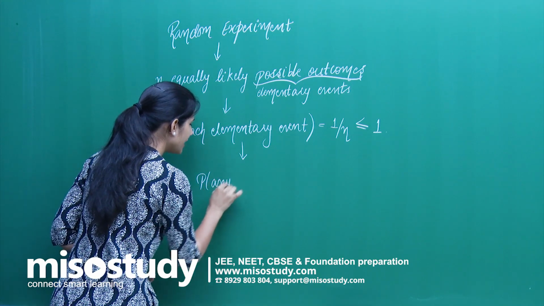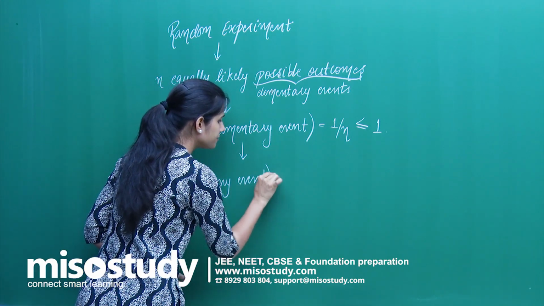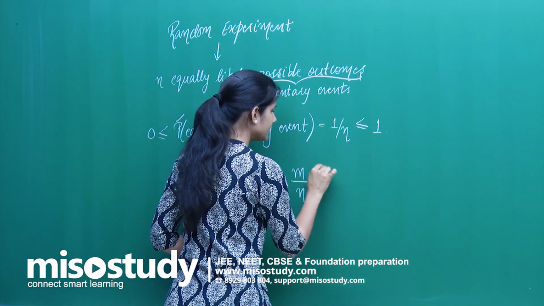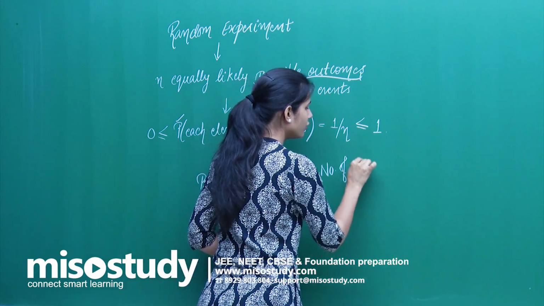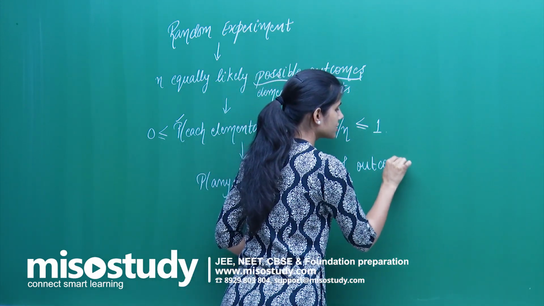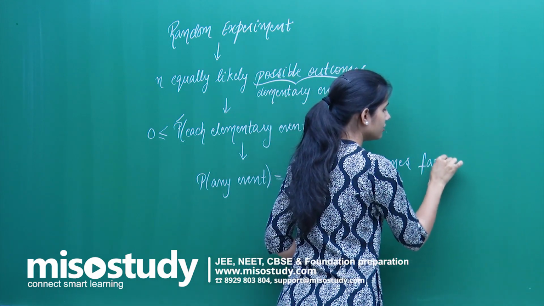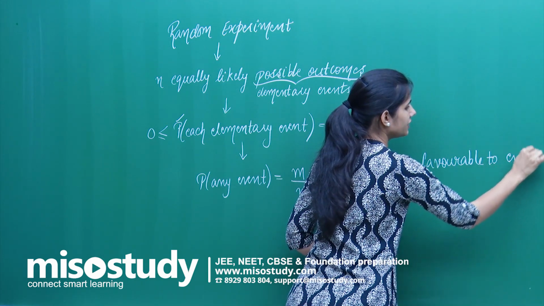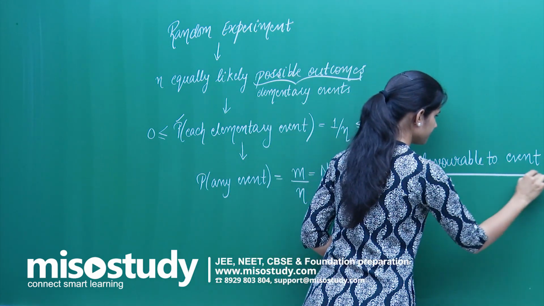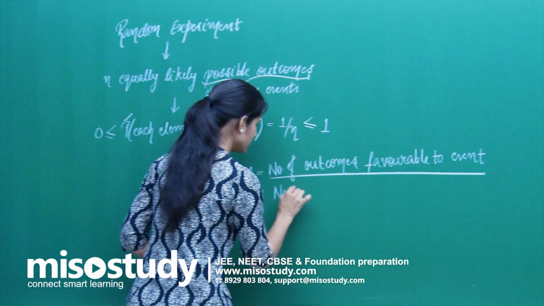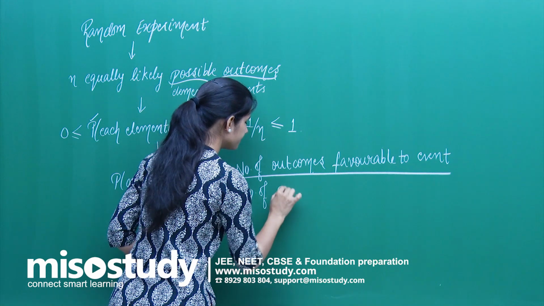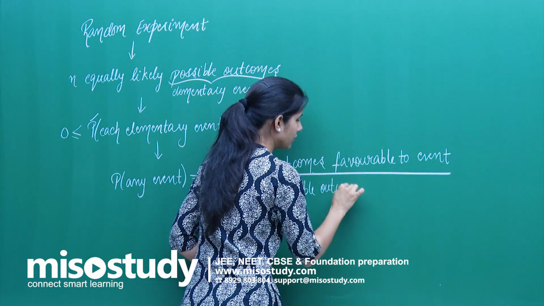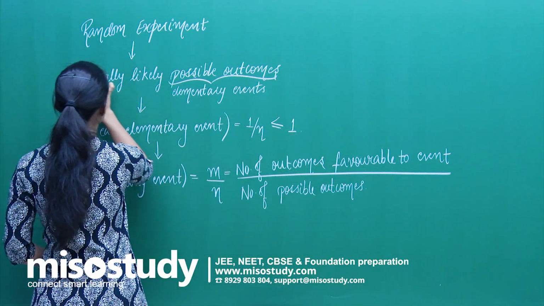The probability of any event is m upon n. That is, the number of possible outcomes favorable to event A, or whatever the event is, whole upon the total number of possible outcomes which are equally likely to occur, and that word has already been mentioned.